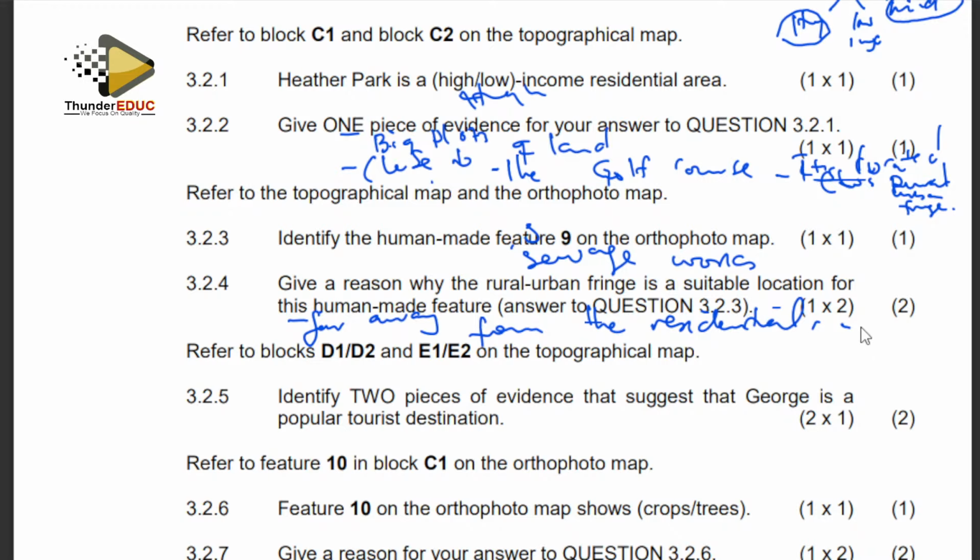Okay, number one. Number two, that in that area the land is cheaper. Remember, most of the time the rich people go in such areas because they can have a very big plot at a cheaper price, and they build those big houses. Okay, the gradient there, when you look at that area, is gentle. Please don't forget that we write answers in a sentence.